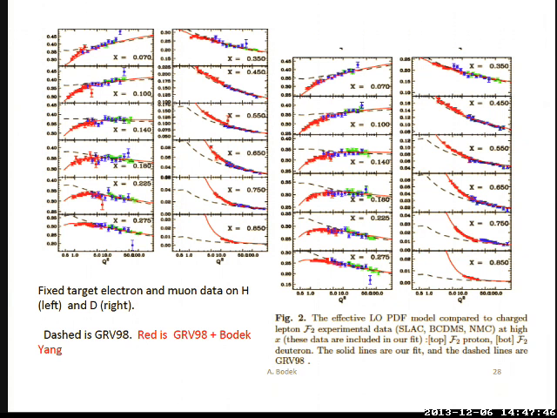And we know that they're going to fail. They're going to fail at high X because of the target mass corrections, and at low X because they don't have the K factors. So if you just blindly take a QCD Monte Carlo and run it with GRV98, everything is going to be wrong at low X. But if you include those corrections, things will work.